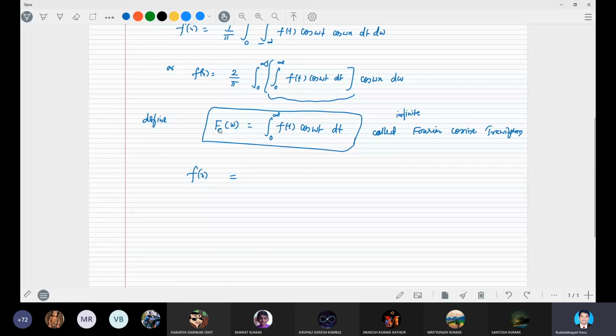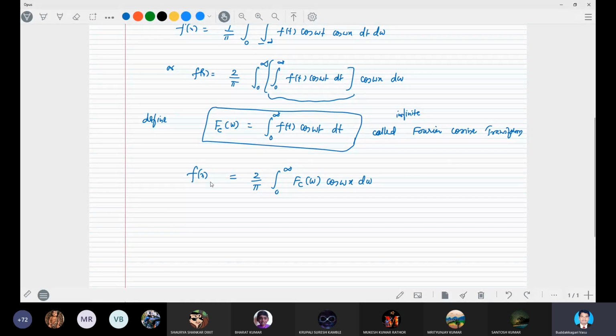It reads as the Fourier cosine transform of function f(x). When it is the Fourier cosine transform of f(x), then the Fourier integral, that means f(x), becomes 2 by pi integral 0 to infinity of Fc(omega) cos(omega x) d omega, right?